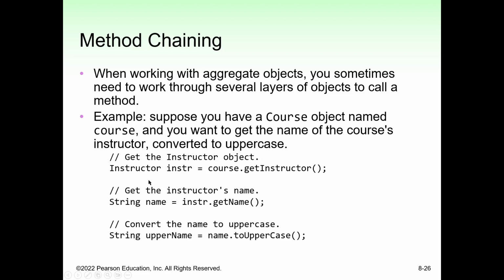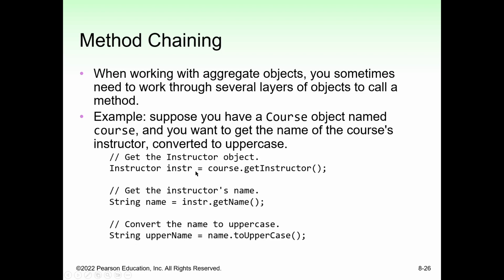Suppose you have a course object with an instructor, and we wanted to get the instructor's name and translate it to uppercase. We would get the instructor object first, then get the instructor's name and store it somewhere, and then convert it to uppercase. This is 3 lines of code right here.